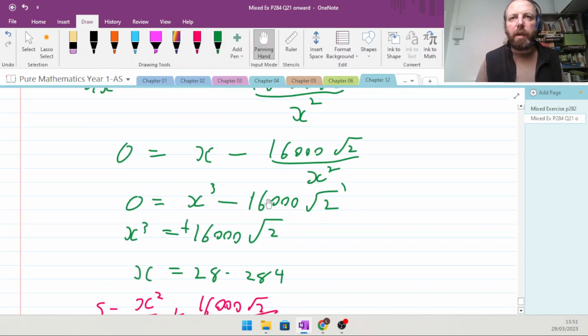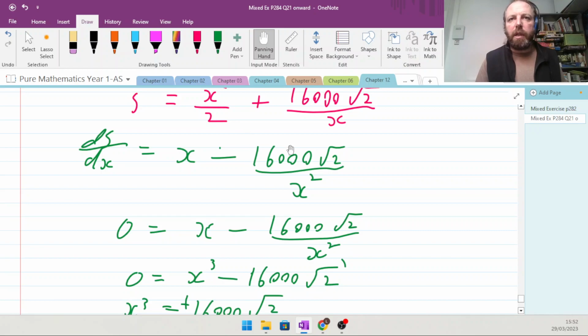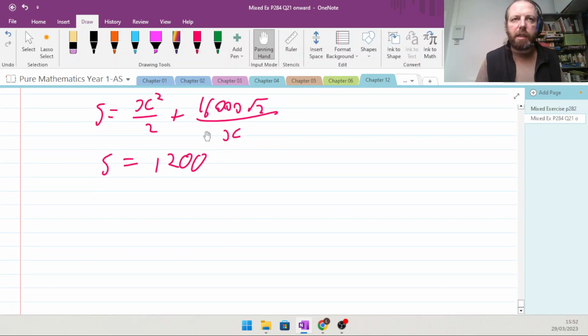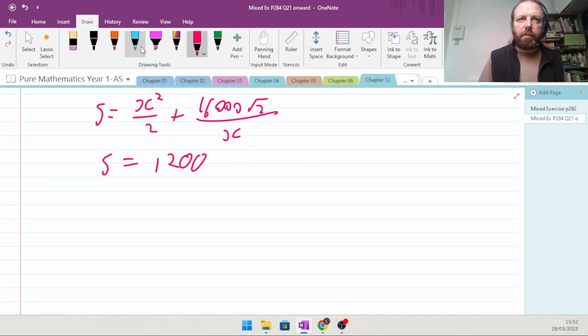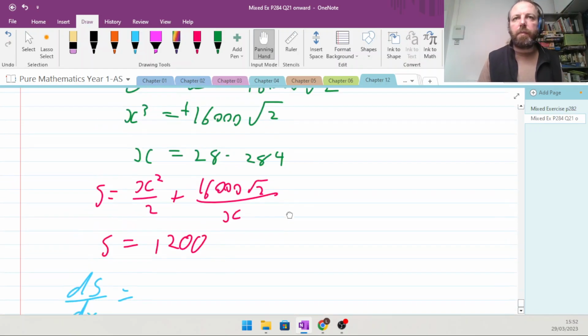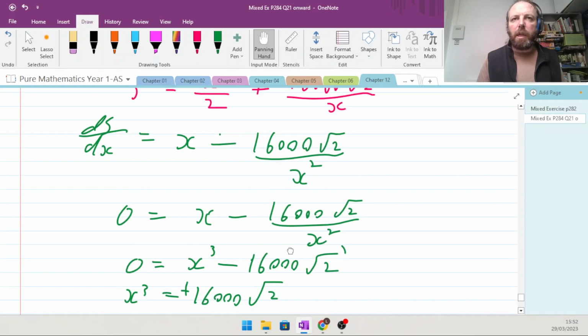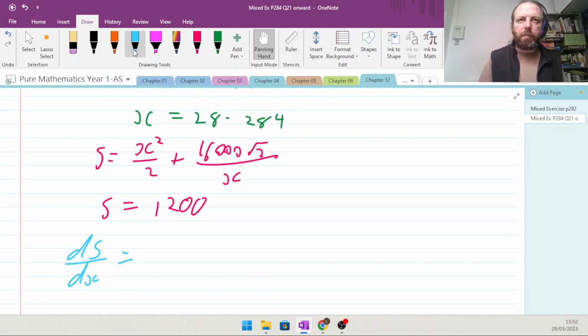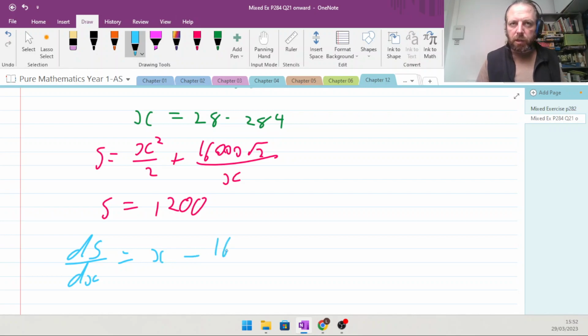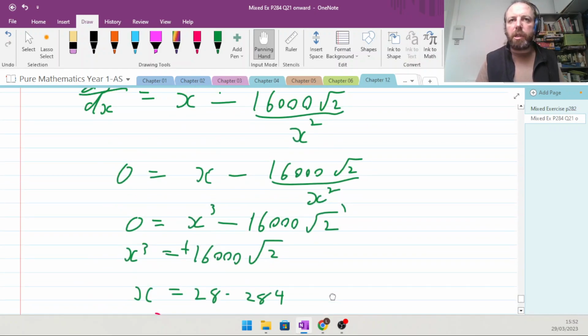Okay, so if we have the differential, ds by dx was equal to x minus 16,000 root 2 over x squared, I think it was.